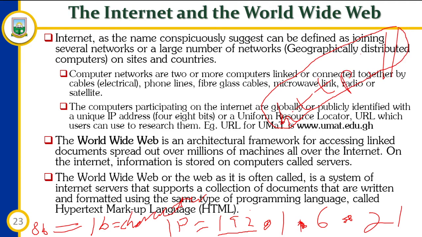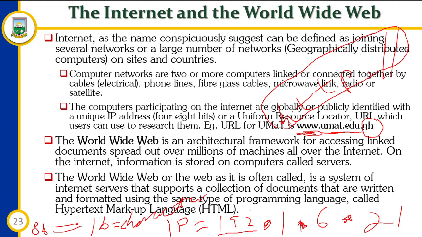This is termed as a subdomain, and the whole of this is the domain, umat.edu.gh, which gives you the extension for Ghana. So the whole of this is the subdomain. The whole of this is the domain.